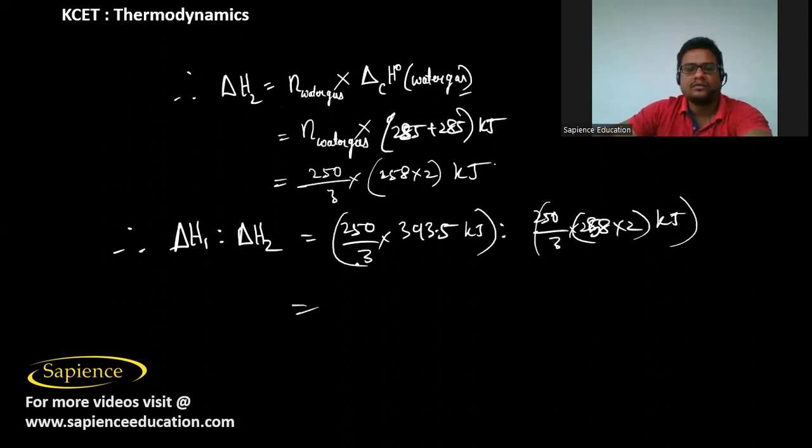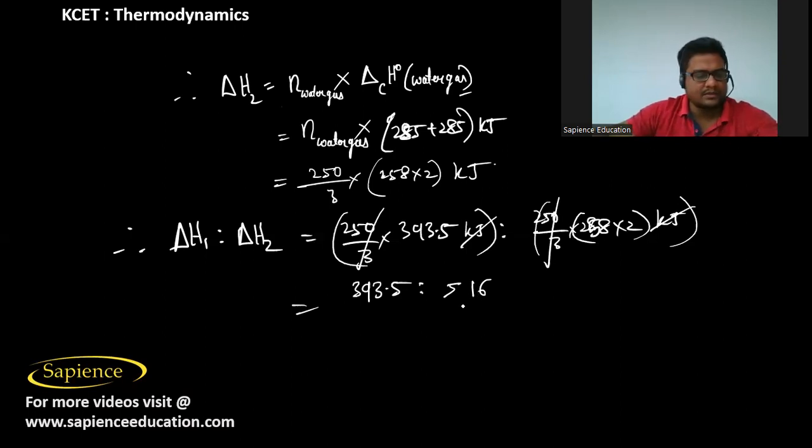So 250 by 3 will cancel out, and kilojoule and kilojoule also will cancel out. Then we will get 393.5 is to 2 into 285, which is 570. Okay. 393.5 is to 570.